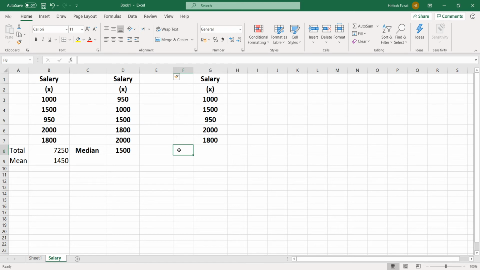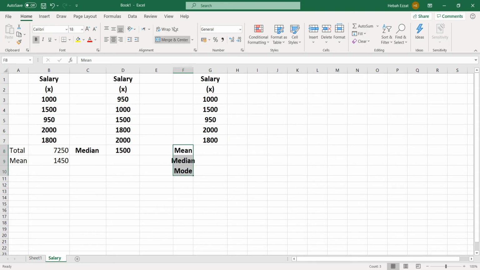So I'm first going to calculate the mean, the median, and the mode. Of course, here the mode equals 0 as no data observation is repeated. To take the same format, I'll use the format brush.